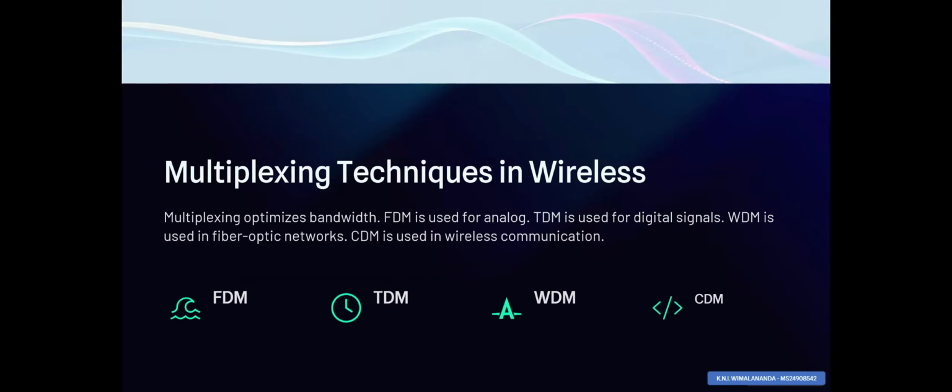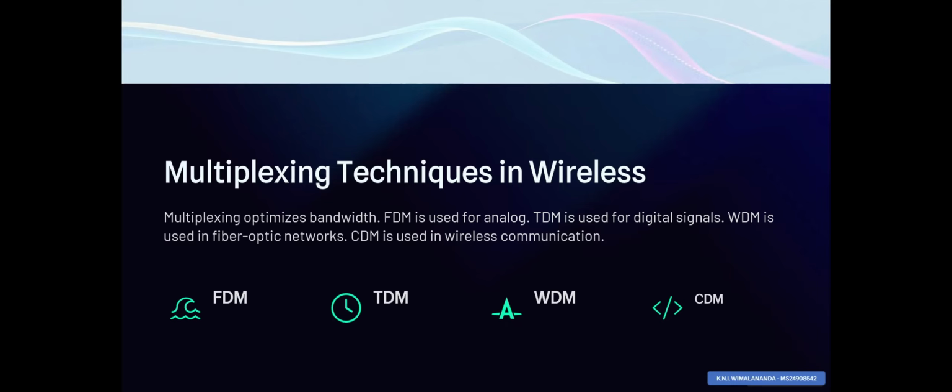Let's move on to multiplexing. Multiplexing is how we efficiently utilize communication channels by combining multiple signals for transmission over a single medium. There are several approaches.